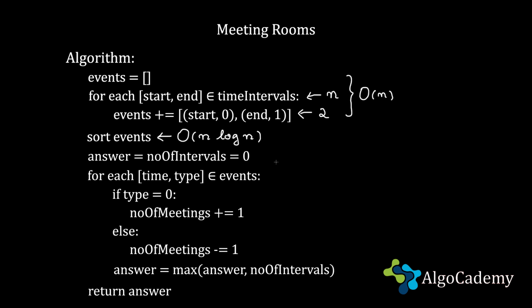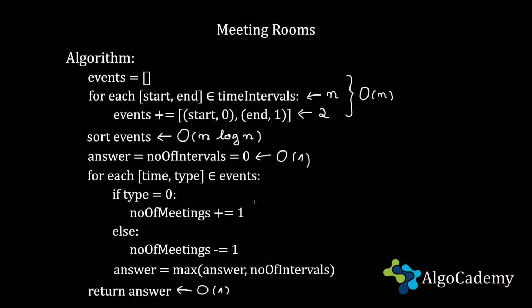Now, initializing these variables, of course, is also constant time. So we have a big O of 1 from here. Returning the answer is, of course, constant time. So big O of 1 here. And then we have our main for loop, which the only thing that it does is iterate through each and every event, and it has an if statement with its corresponding else.